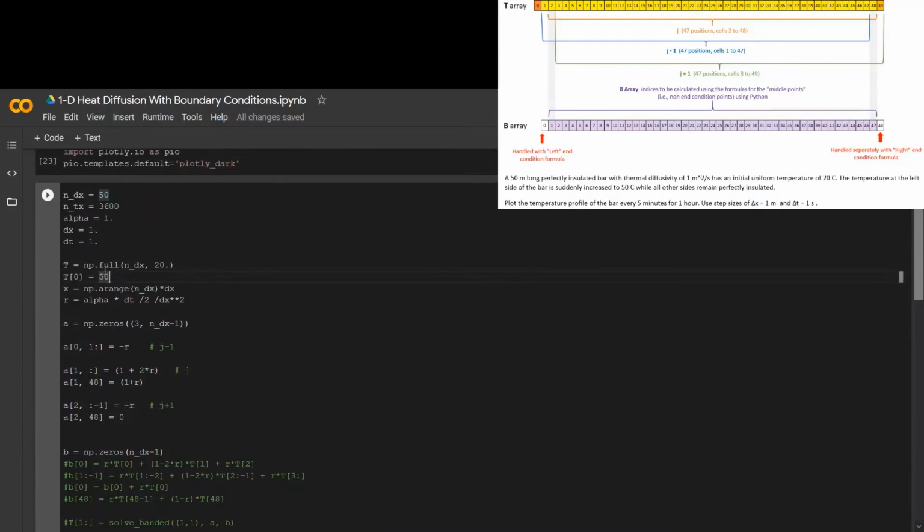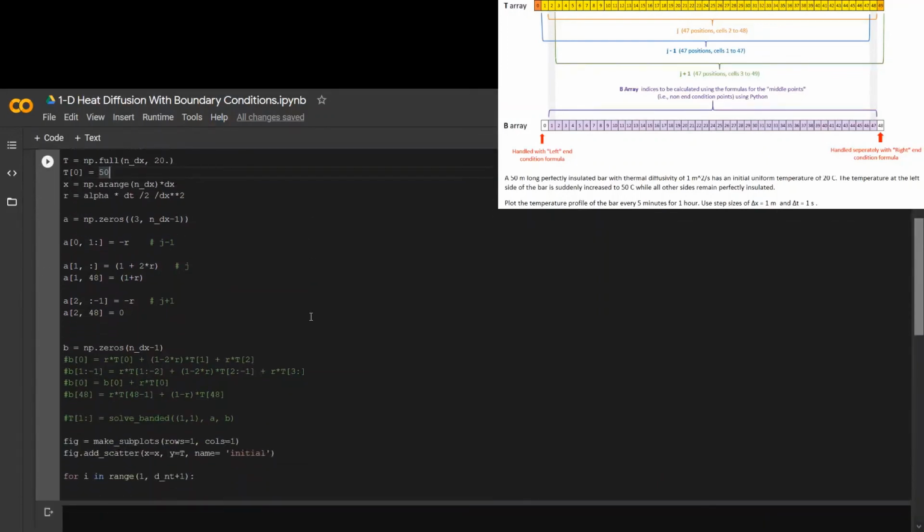So right now we only have the temperature that's going to have to be included in some form in our loop here. And if we're looking at our B, that's going to be a collection of our coefficients and our temperatures at the previous time n, right? Because when we start off, we'll find our n+1, and then that's going to become the temperature at n, and we're going to be solving for the succeeding time.